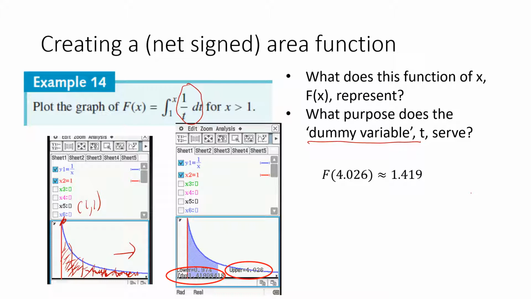What I'm doing is determining the area from x equals 1 to x equals 4.02. It's about 1.419. Well, what is that value, and why is it that it's going to be approximately equal to the natural log of that x value of 4.029? Why do you think that is? What's going on here?